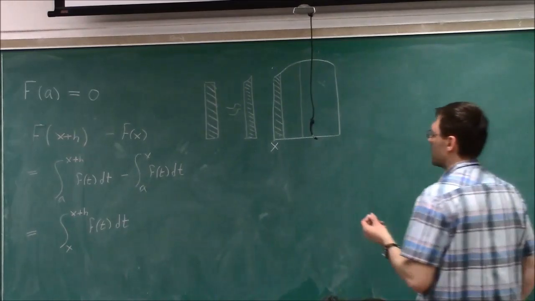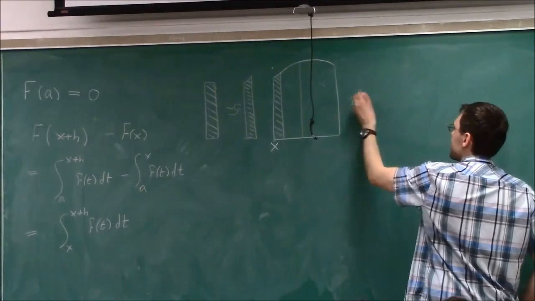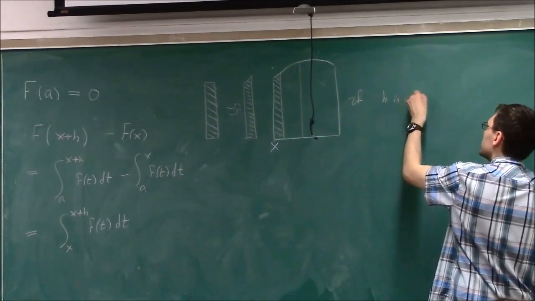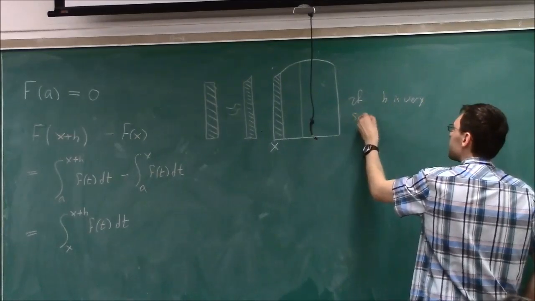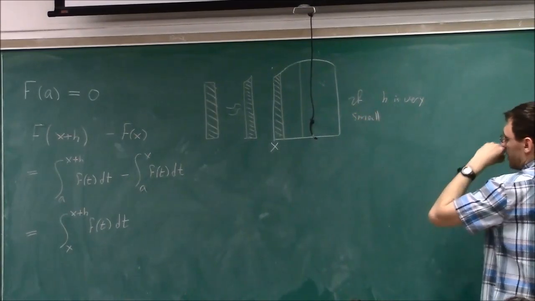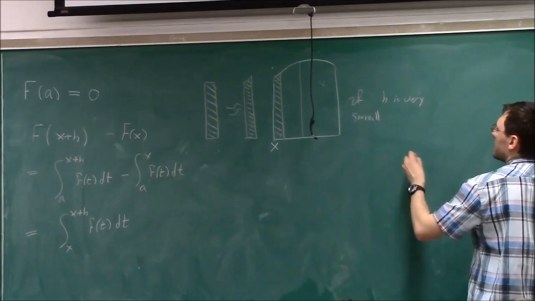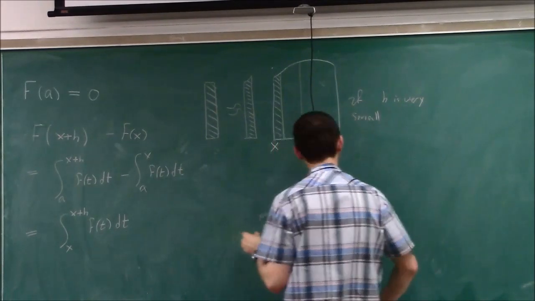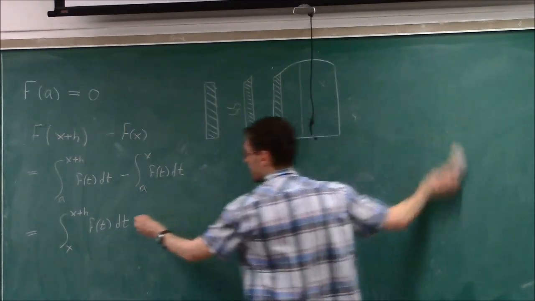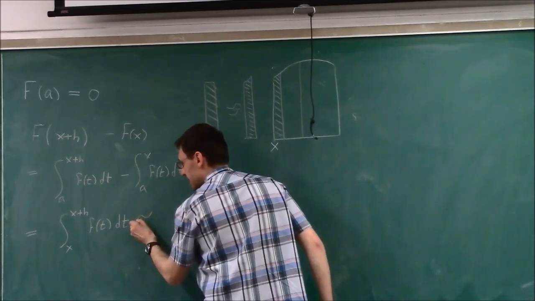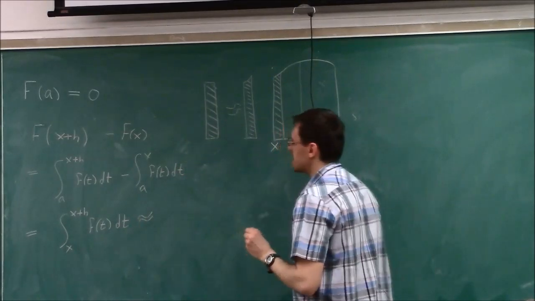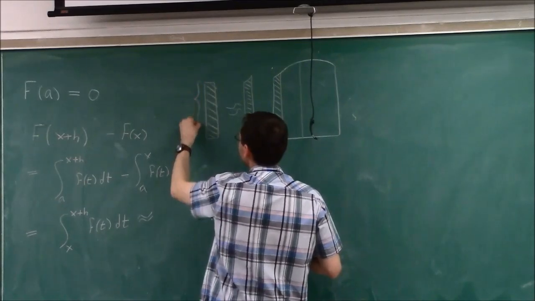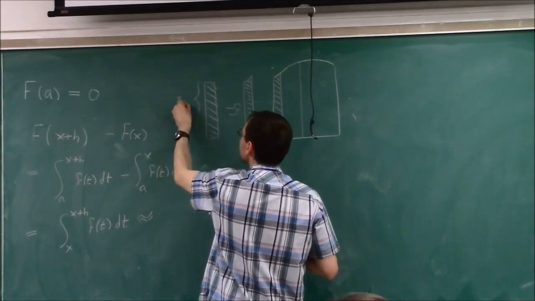If h is very small, I almost have a rectangle. And that's for a continuous function. If h is very small, the integral, I'll write that this thing is essentially the same thing as f of x, this point, times the width.